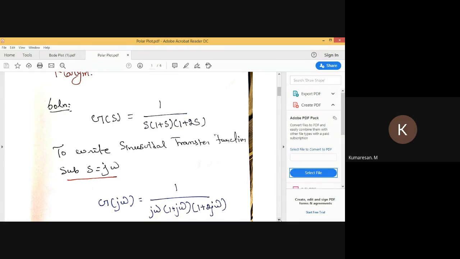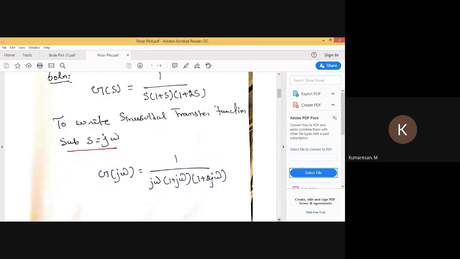So G(j omega) equal to 1 divided by j omega into (1 plus j omega) into (1 plus 2 j omega).